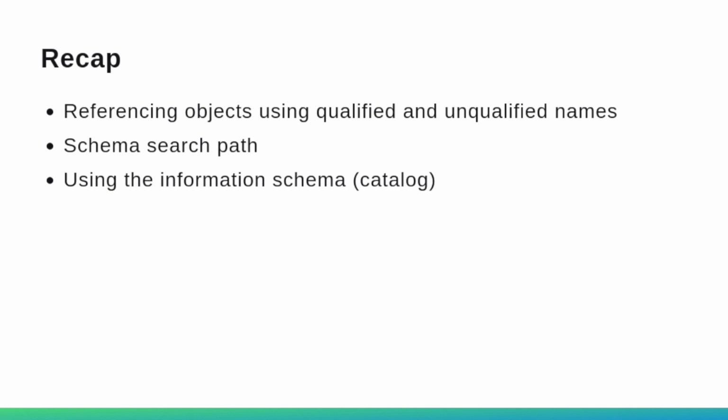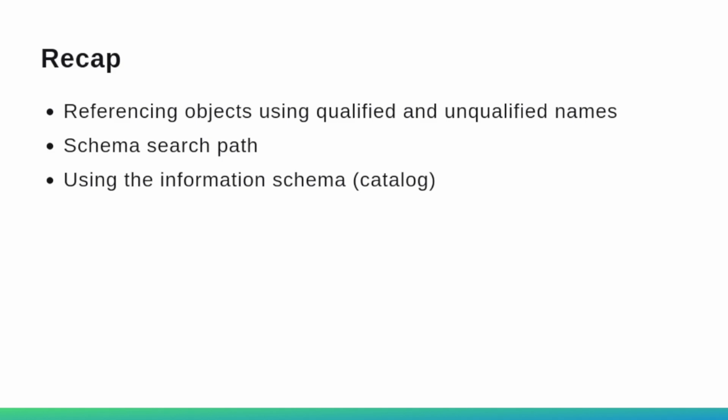So, quick recap before we move on to the next video. We talked about schemas in Postgres. Remember, we said that if you imagine the database like a file system, a schema is like a directory, like a folder. A schema is basically a namespace. It's a way of organizing your database objects and controlling access to them.